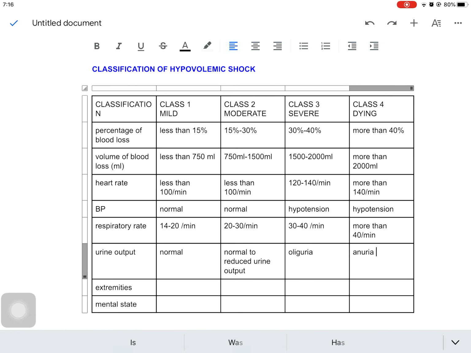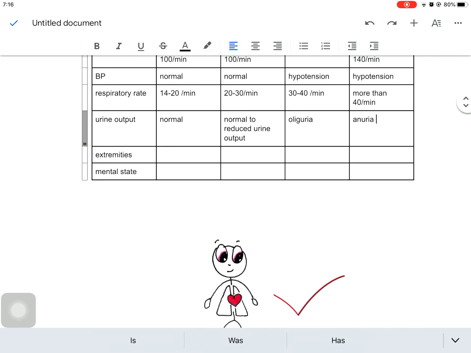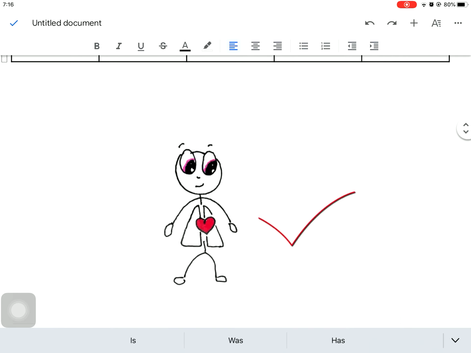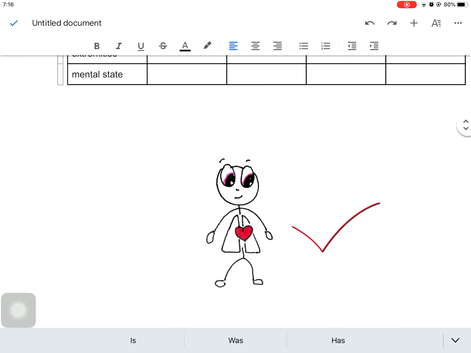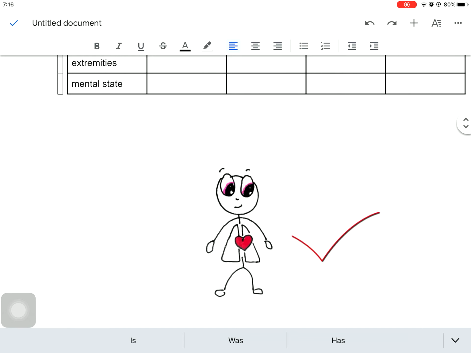Okay, alright. So there are clinical features that we can see accordingly in patients with hypovolemic shock. For class 1, usually they are normal. They look okay. They don't have any cold peripheries. They are not tachycardic.